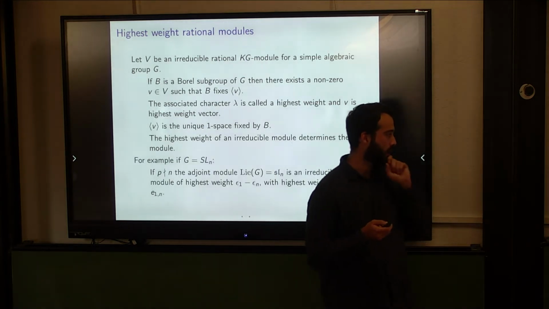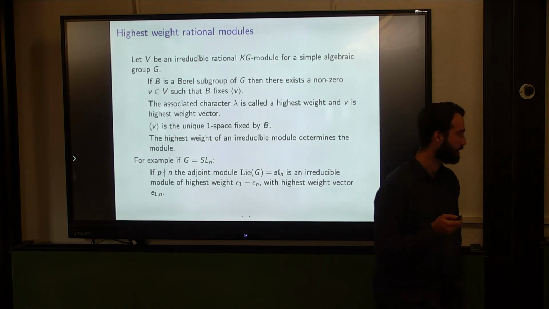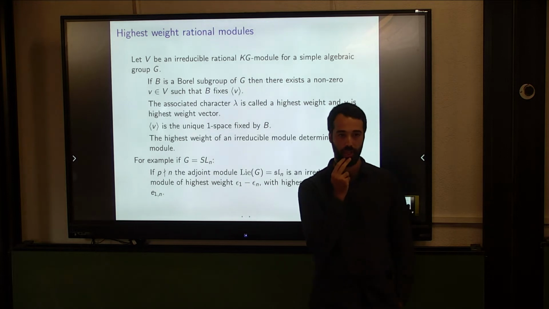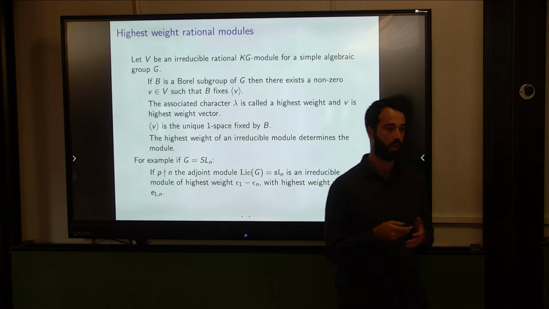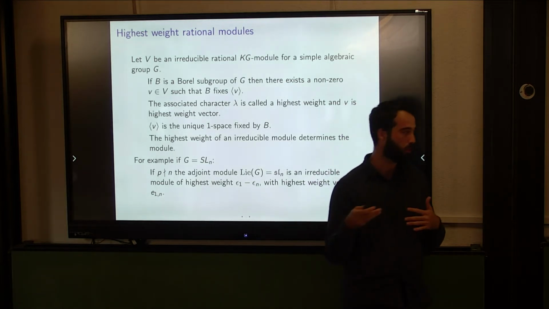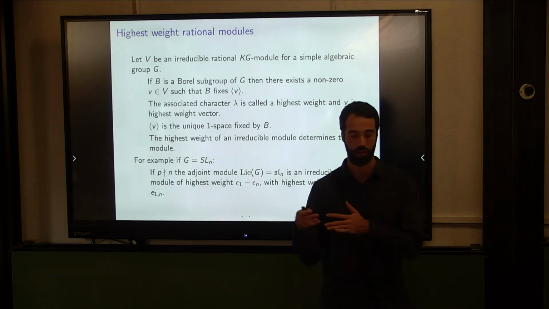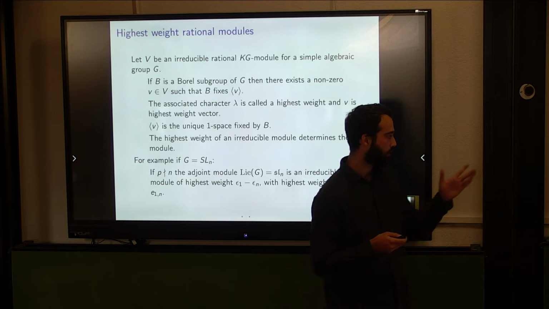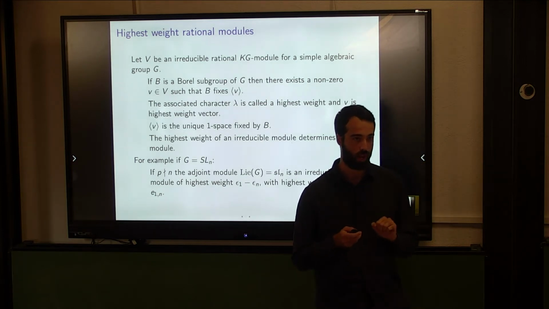Okay, so for a quick example, again, take SL_n, and assume that the characteristic p does not divide n, so that we can take the Lie algebra of trace 0 n by n matrices as an irreducible module. Here you can think of the action as conjugation by SL_n. And the highest weight is epsilon_1 minus epsilon_n.